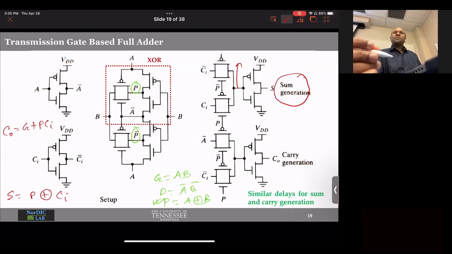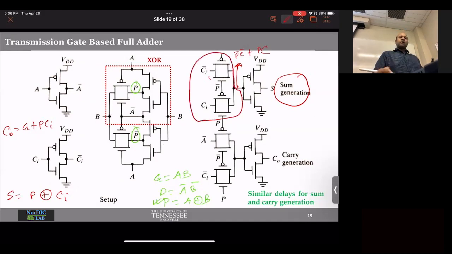Okay, now let's see. Can you guys help me find this function? Anyone? P bar C bar plus PC. I don't know if that makes sense. We haven't used this circuit logic family too often, but let me help you out.